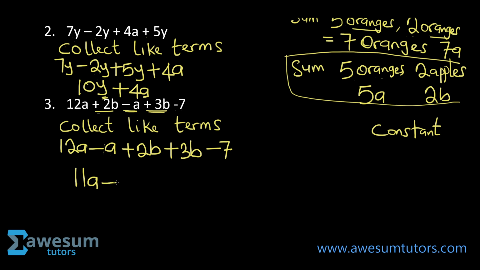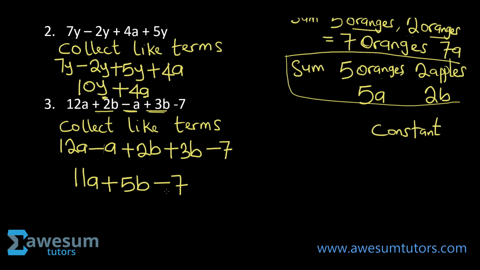That's positive 5b right here. And then this is negative 7 all by itself. I bring it right down. So my final answer is 11a plus 5b minus 7.